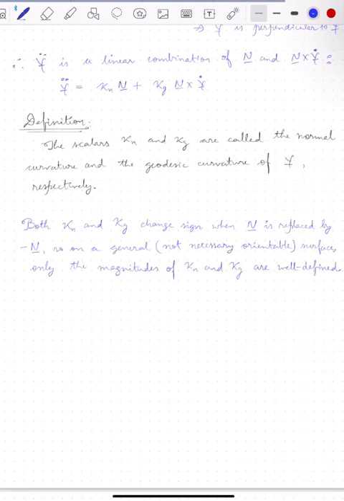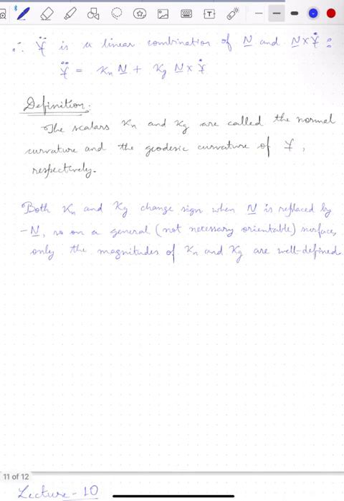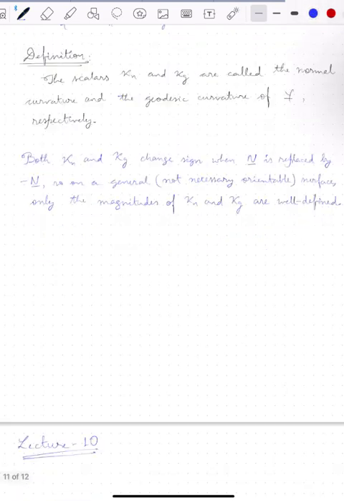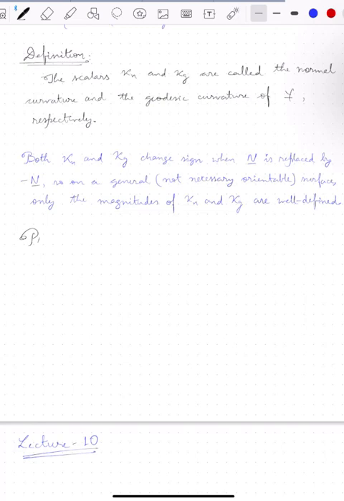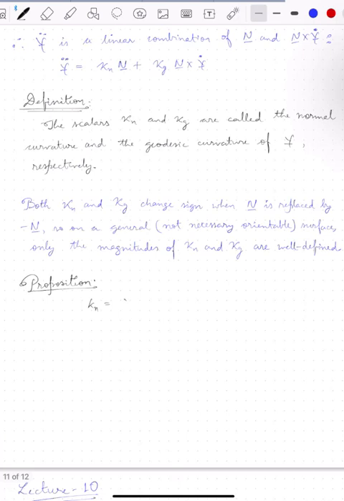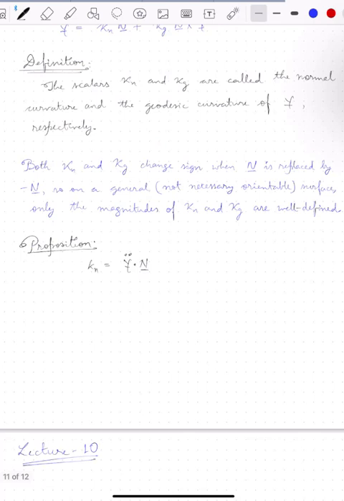Let's define a proposition here. Kappa n is just the component of gamma double dot along the n vector.